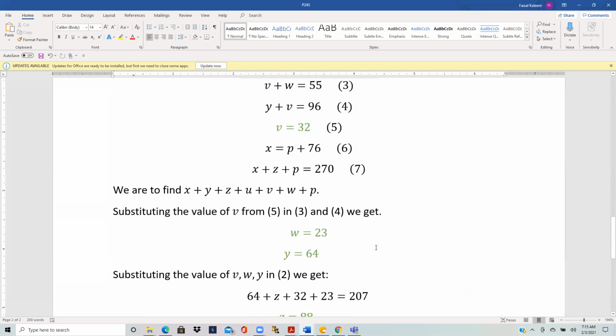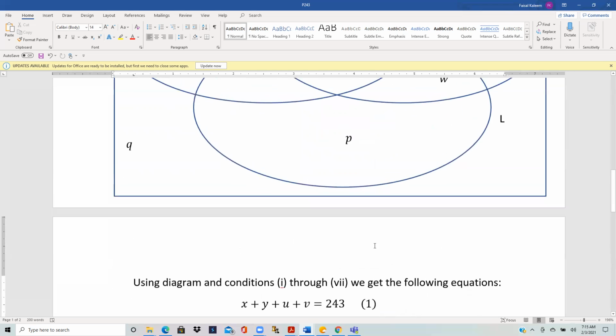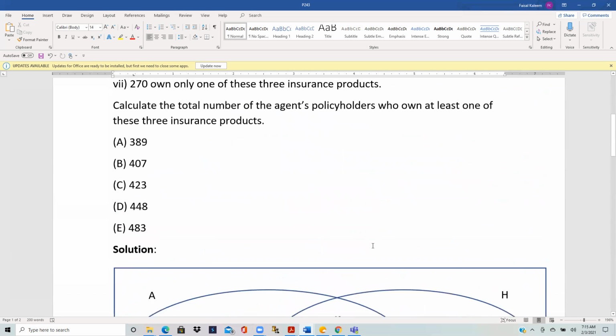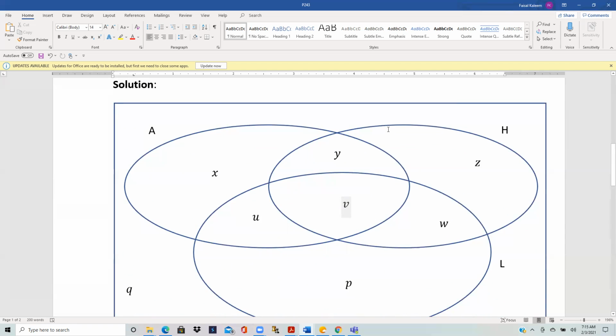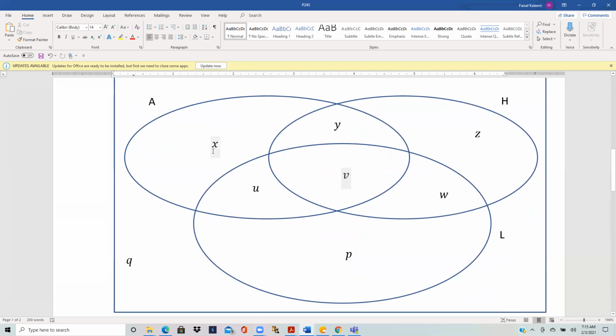So if we look at what we were to find, we were to find the number of holders who own at least one of these 3. So at least one of these 3 means all these letters X, Y, Z, U, V, W, P. The only thing that's not contributing to at least one of these is this one, the Q. That's the proportion of those who own none of these policies, but this part was never used in this problem.